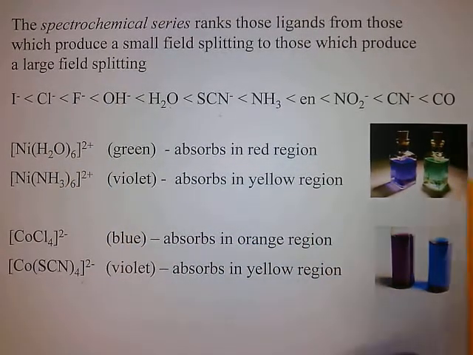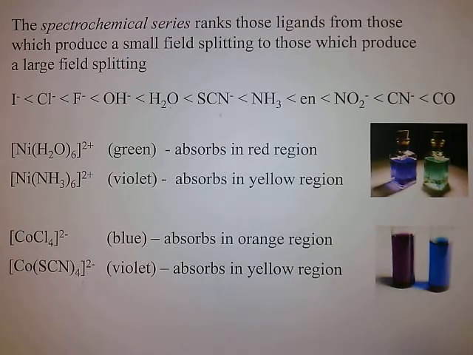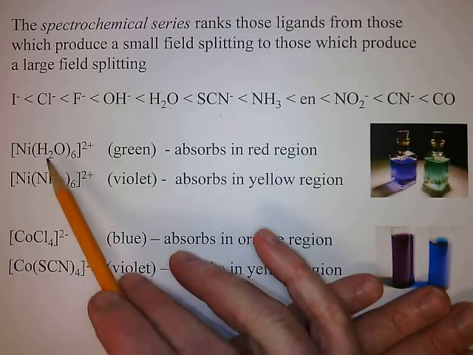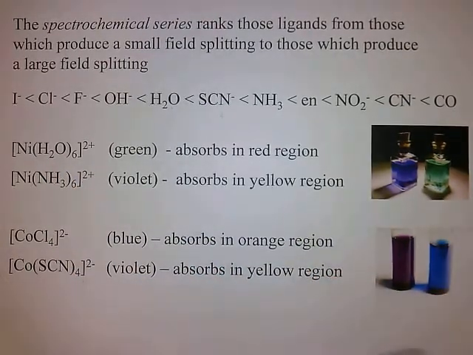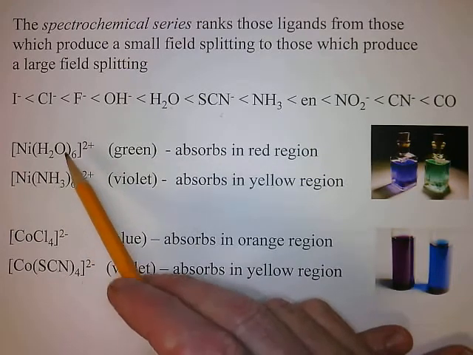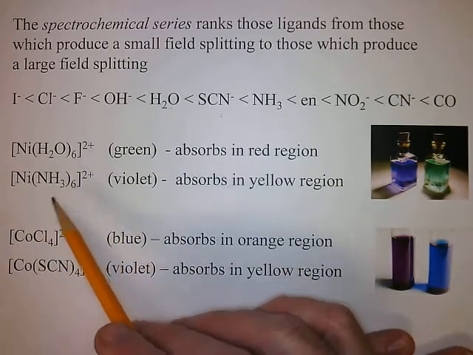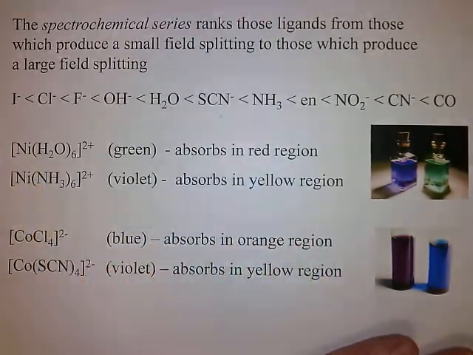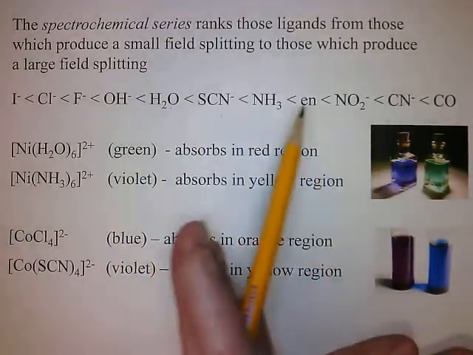Now, simple qualitative comparisons will work like this only if you're dealing with the same metal with the same charge and the same number of ligands on them. So both of these are nickel 2, and both have 6 ligands. So we can say something about the field strength of ammonia versus water, but we couldn't make a comparison, say, comparing a chromium to a nickel. We can't compare apples to oranges.